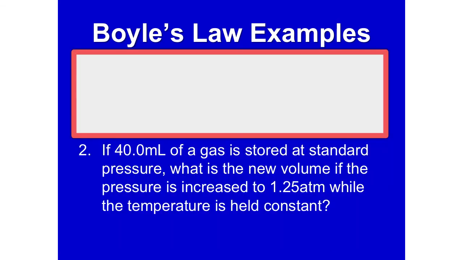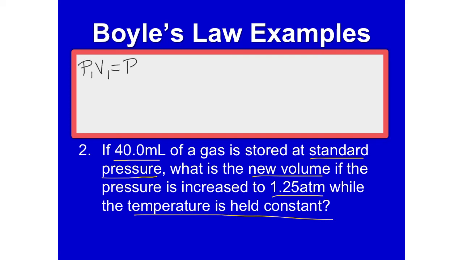All right, for example number 2, I will be doing my work right above that. So we are starting with 40 milliliters of a gas, and it is at standard pressure. So we're going to use one of the pressures off of table A in our reference table. We are looking for the new volume, and the pressure is changed to 1.25, and the temperature is held constant. So again, we can just do P1 V1 equals P2 V2.